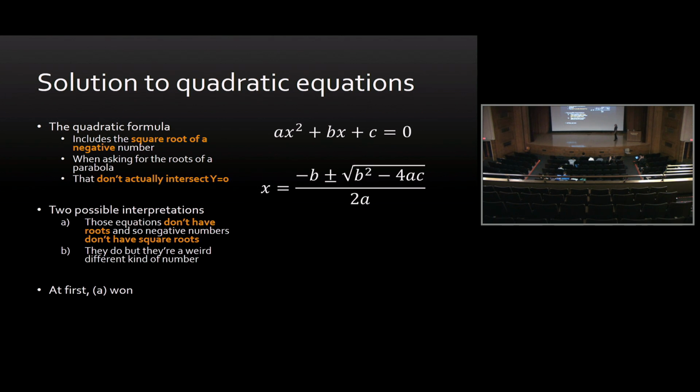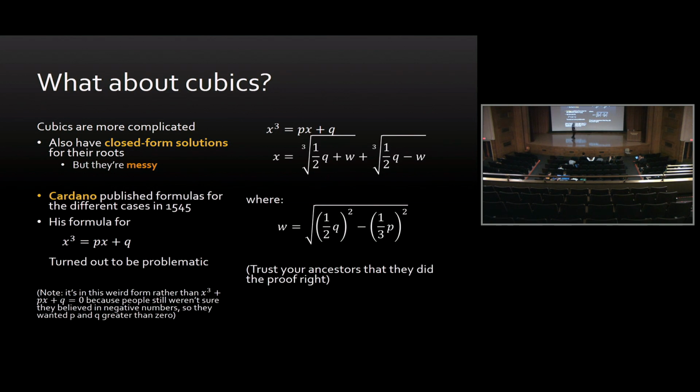The reason is that although for the quadratic formula, you have the nice property that if a quadratic equation has real roots, then the quadratic formula gives them to you and doesn't have any imaginary numbers in it. Cubics, there are actual cubics.